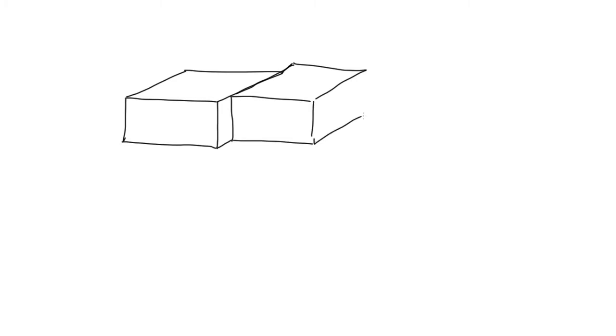The map symbols for a strike slip are pretty straightforward. Okay, so we've got a left lateral strike slip fault.